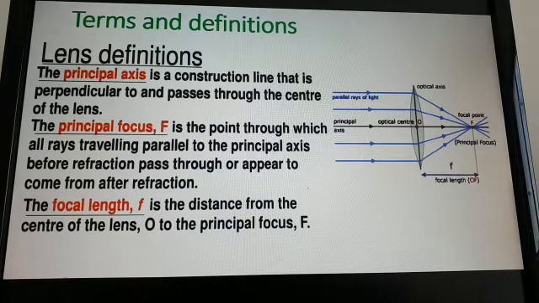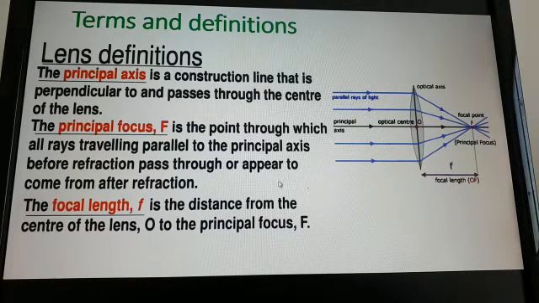We see what the principal focus is. In the converging lens, all the rays are bent inwards, and the point F where all the rays converge or meet is called the focal point or principal focus. And in the diverging lens, it is the point from where the rays diverge or spread out, that is the focal point of the diverging lens.